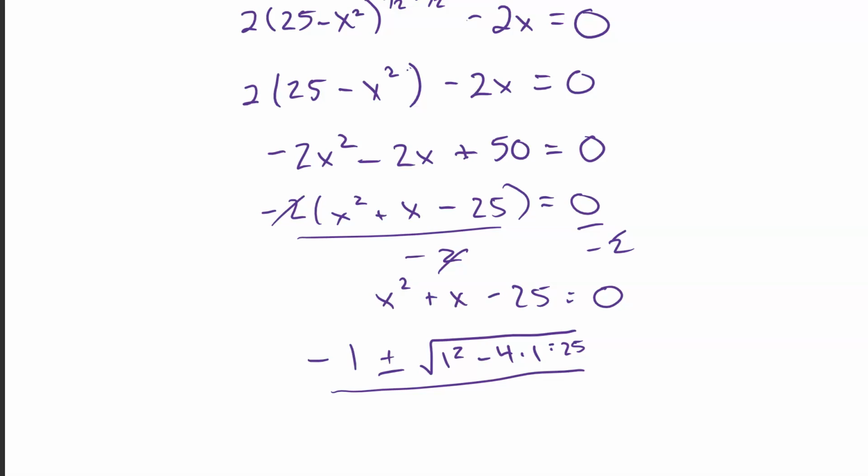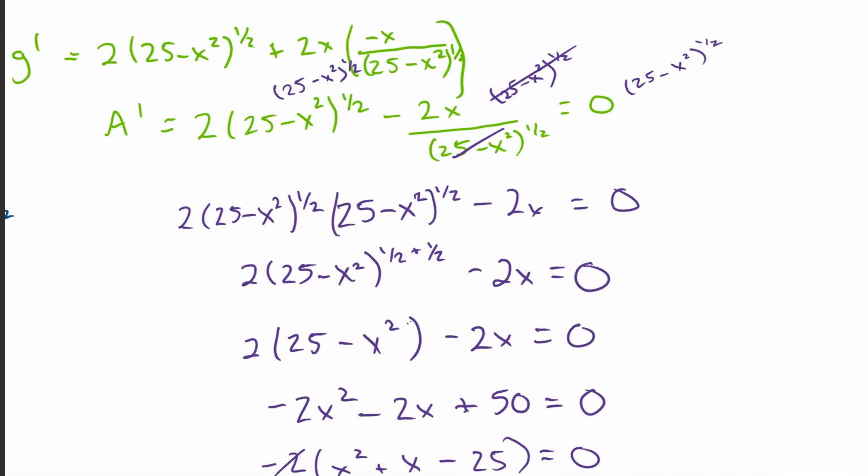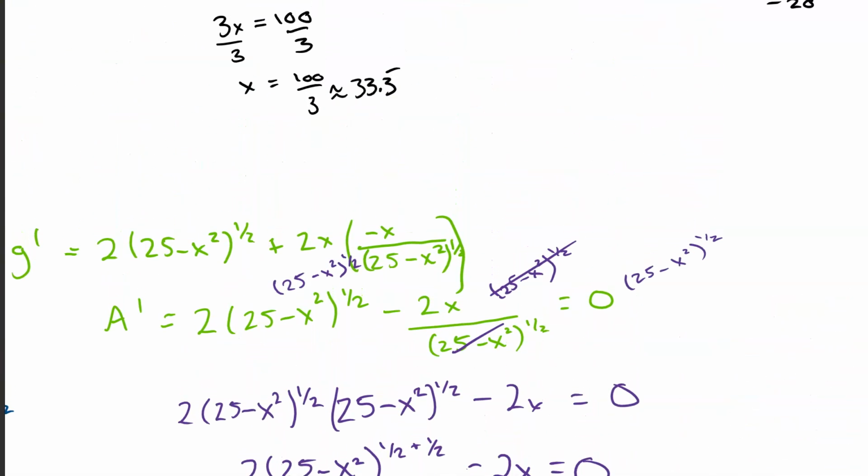So we've got negative, and then divided by 2 times a, so 2 times 1. Negative 1 plus or minus the square root of 1 plus 100 over 2. And if we put that in a calculator, we are going to be interested in the positive version, and we will get about 4.525. So this was hecka gross, not gonna lie to you.